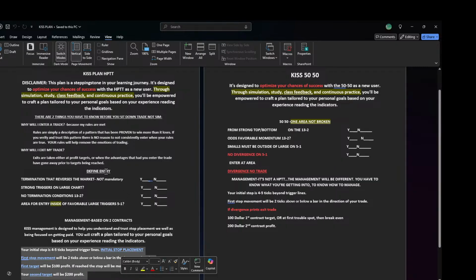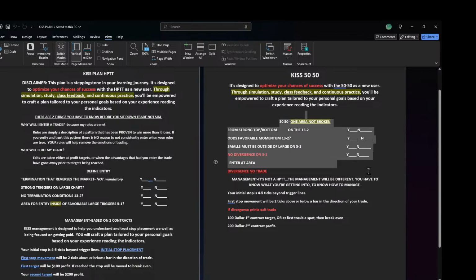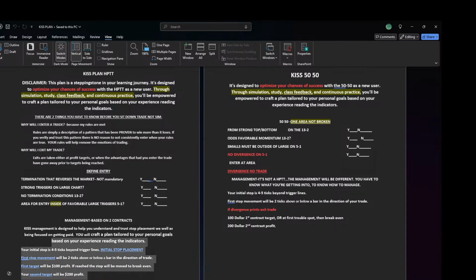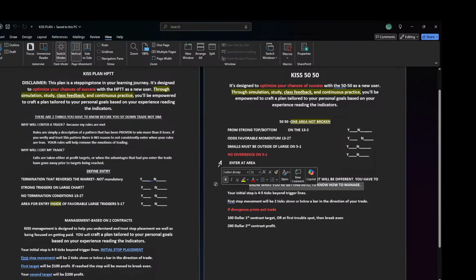So when you name it high probability, you have a very specific entry and management plan. And then when you said I'm getting into a 50-50 trade, not only do you have a different set of rules for entry, which you followed beautifully, but what you did is you incorporated your high probability trend trade management plan instead of your 50-50 management plan. Does that make sense?